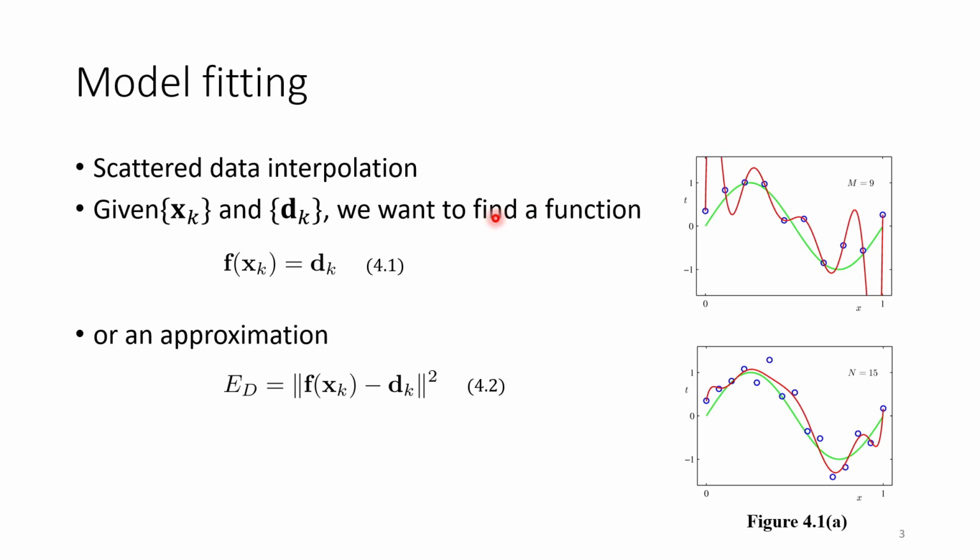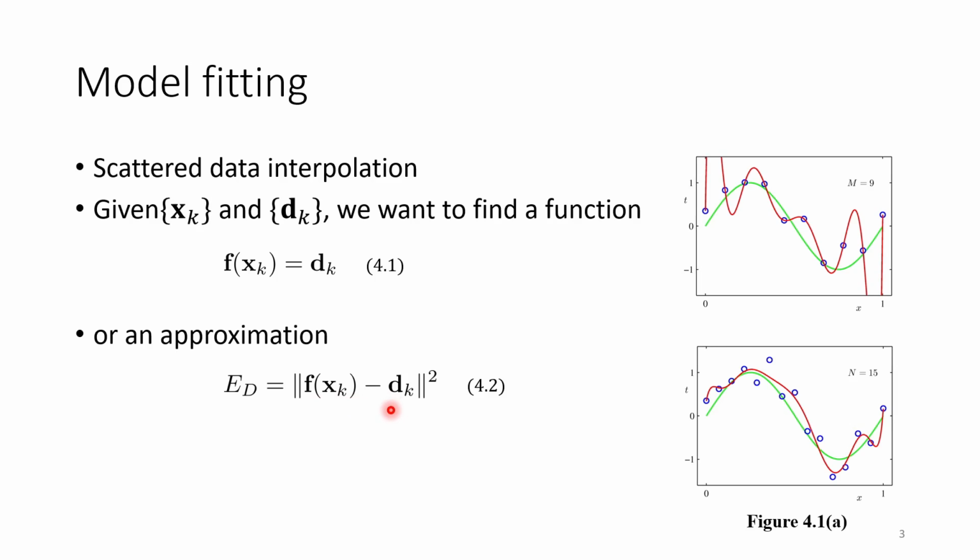It's called an approximating function. It means we do not ask the curve to go exactly through those blue points, but let it go approximately through those regions of the blue points. However, we need to define an error function. Usually, it is a squared term, so it is f(x) minus d(x), squared.